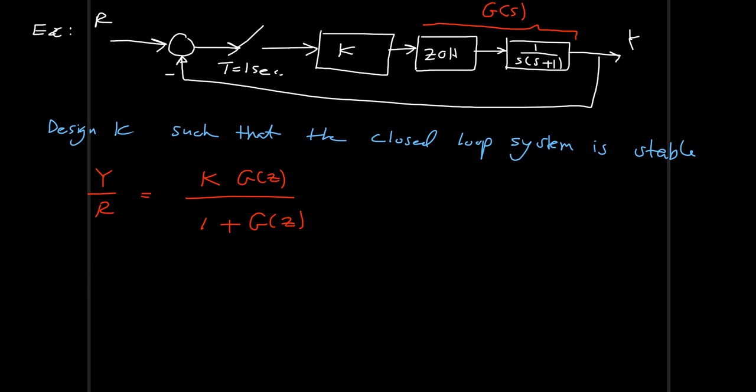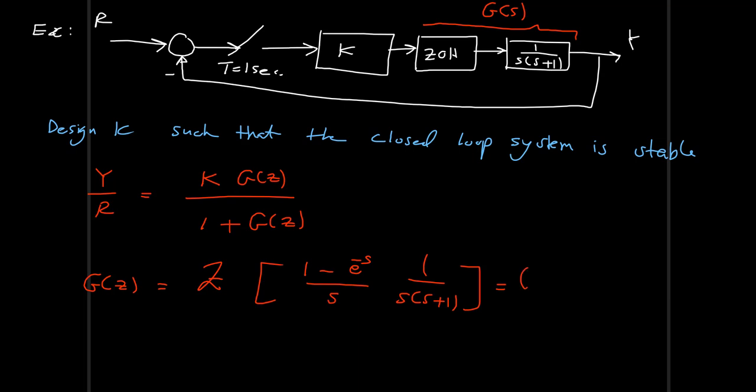So from our previous example, G of z is equal to the z transform of 1 minus exponential of minus Ts over s, times 1 over s plus 1, which will equal 1 minus z inverse times the z transform of 1 over s square (s plus 1).